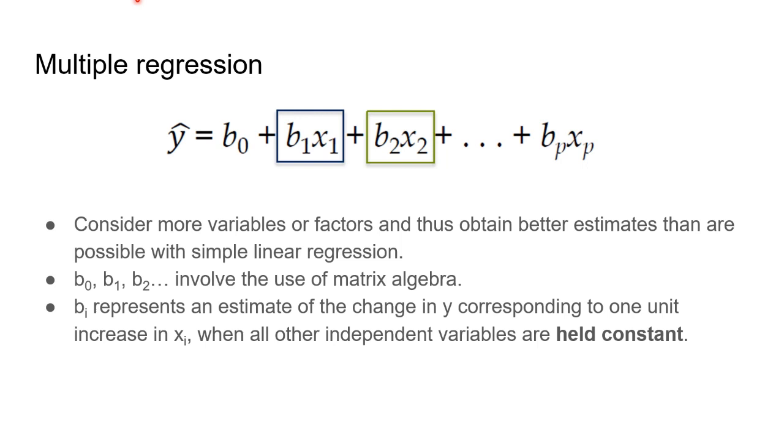The formulas for regression coefficients require matrix algebra, so we usually let the software calculate this for us. And all the values represent an estimate of the change in our dependent measure y corresponding to a 1 unit increase in x. And this is the very important part. This is true because we hold all other independent variables constant.